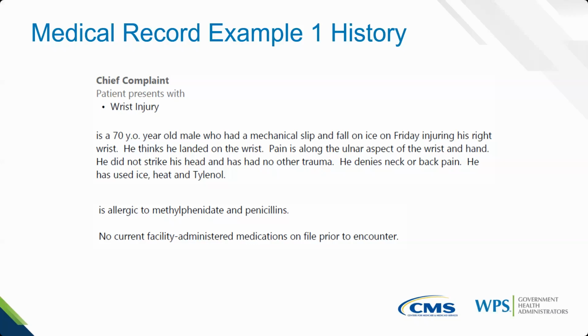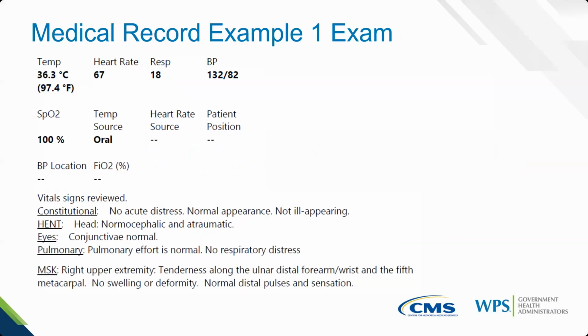The practitioner did ask about other injuries from the fall, and the patient, as we see, did not strike his head, has no other trauma, denies neck or back pain. Basically, the patient is in there because his wrist is hurting.